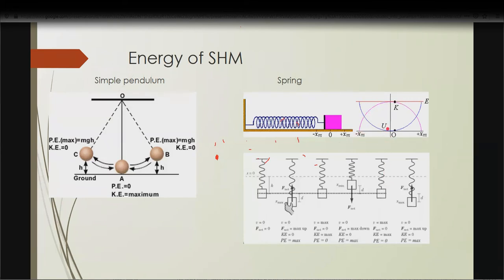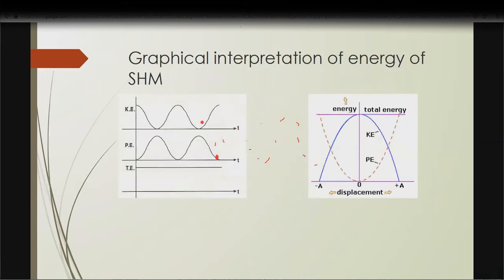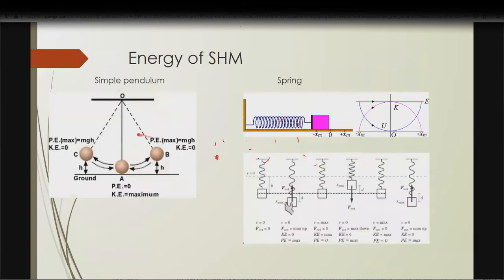Let's see how you plot the variation of energy with time. The kinetic energy, when the displacement is 0, that is when t equals 0, it has its maximum velocity, so therefore the maximum kinetic energy. If it starts from this point, this varies, okay?